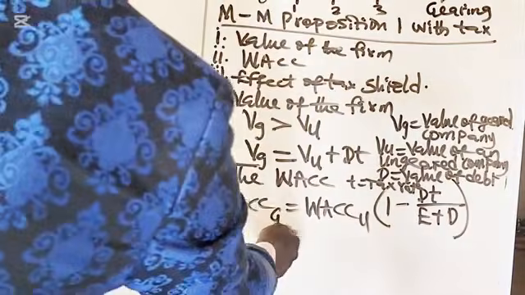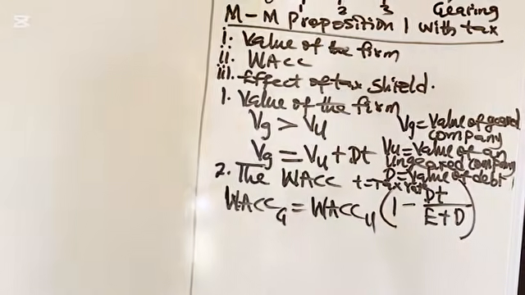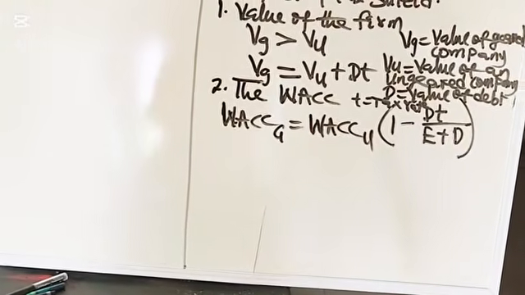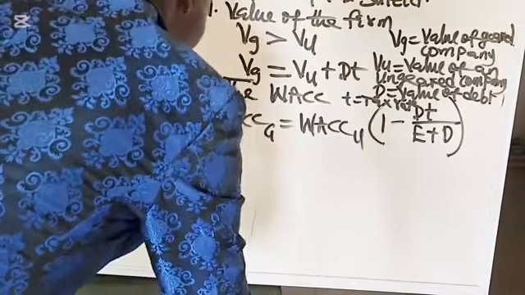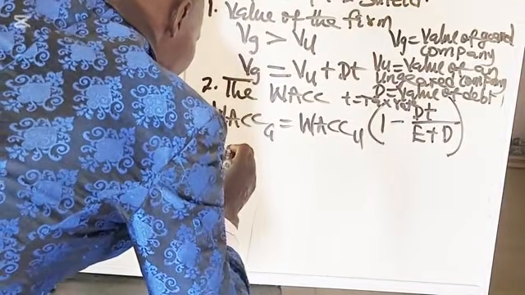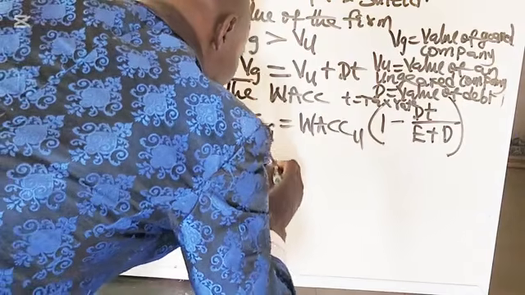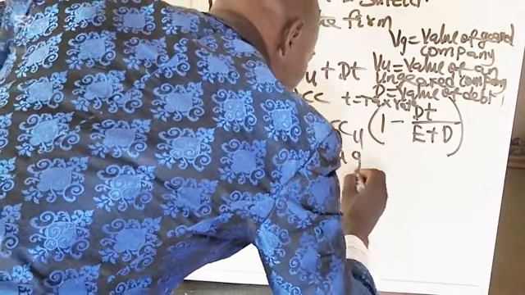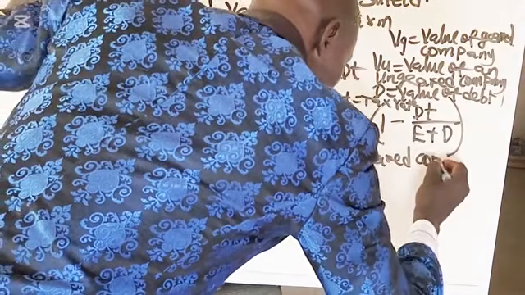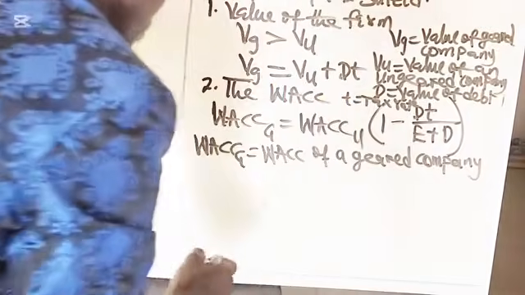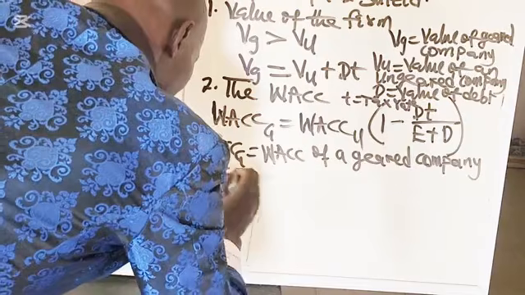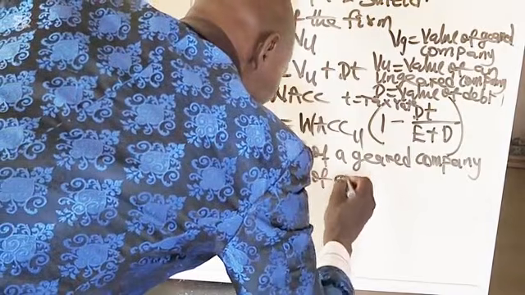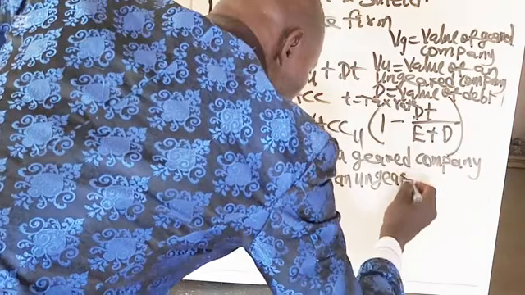And in this WACC formula, WACCG stands for WACC of a geared company, and WACCU stands for WACC of an ungeared company.